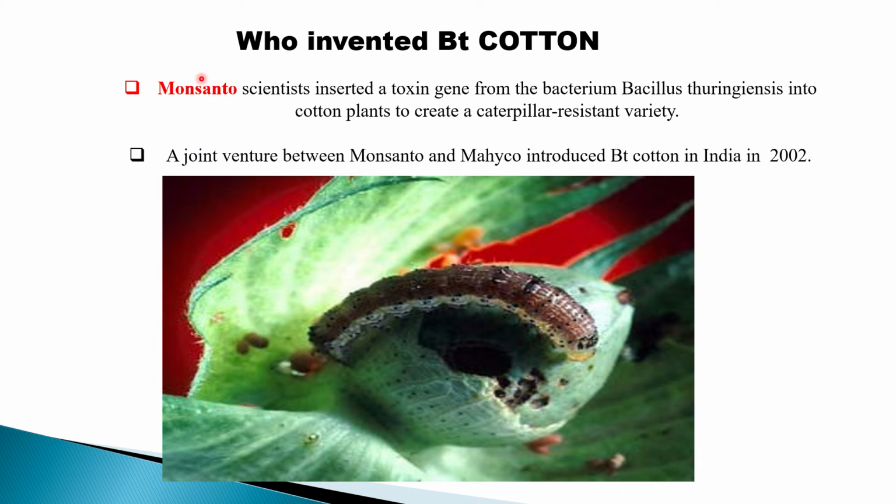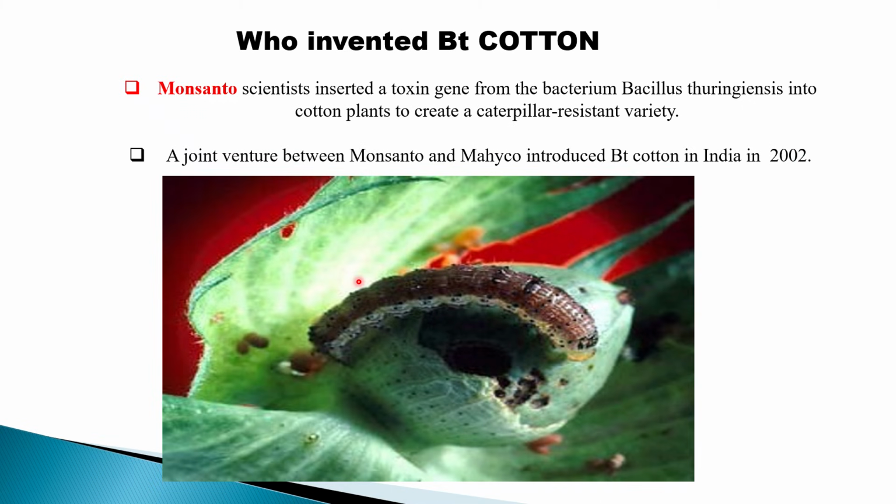So you have to remember that Monsanto is the company. Scientists inserted a toxin gene from the bacterium Bacillus thuringiensis into cotton plants to create a caterpillar-resistant variety. It was a joint venture between Monsanto and Mahyco. If both options are there, you can take both. Otherwise, the main company was Monsanto, which introduced BT cotton in India in 2002.